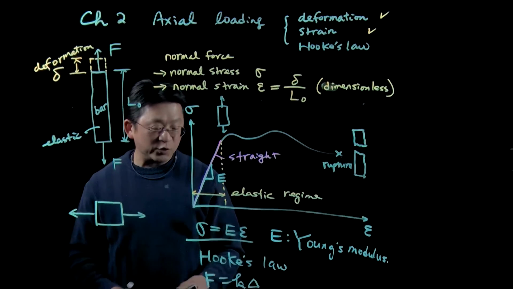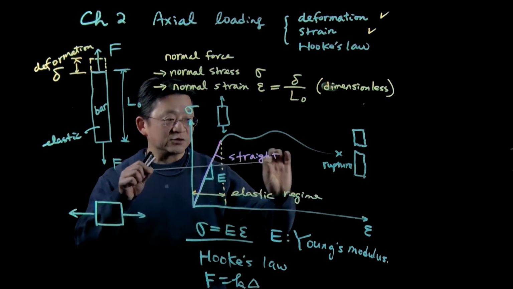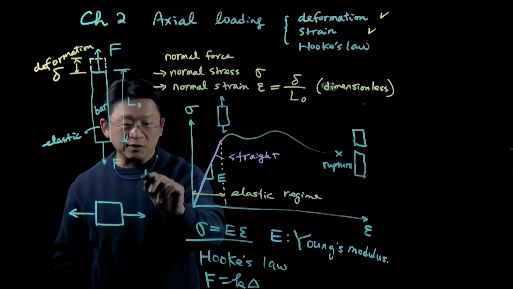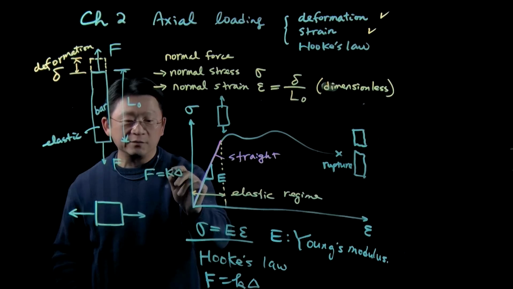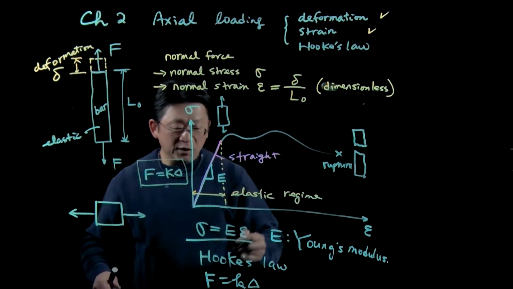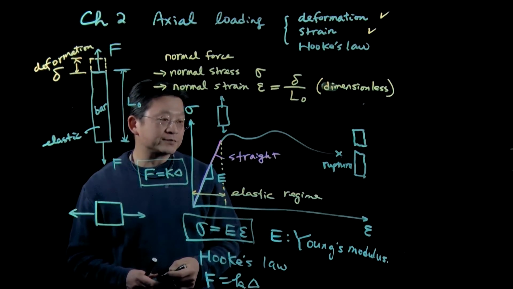Delta is the spring deformation, F is the loading, and K is the spring constant. If you compare this one to here, you can see the similarity.